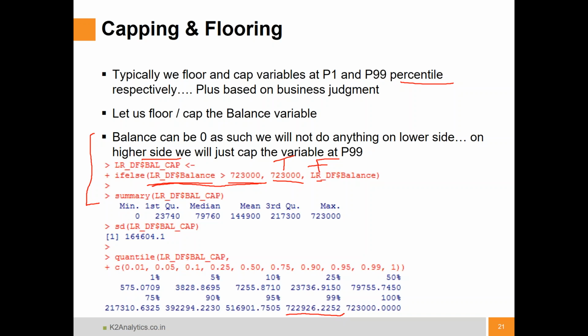Because the mean and median of the other variable may get impacted if you cap or floor the balance. Mean will definitely get impacted the moment I do capping. See, if the other variable is derived from this variable, then it will also get impacted. So what you can do is cap this variable and then run the logic of creating the other variable. In that case, the other variable will be completely right.